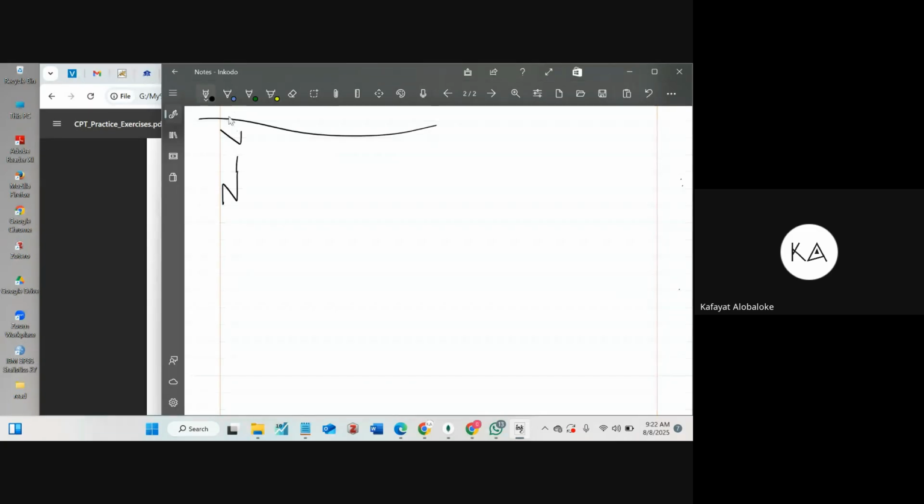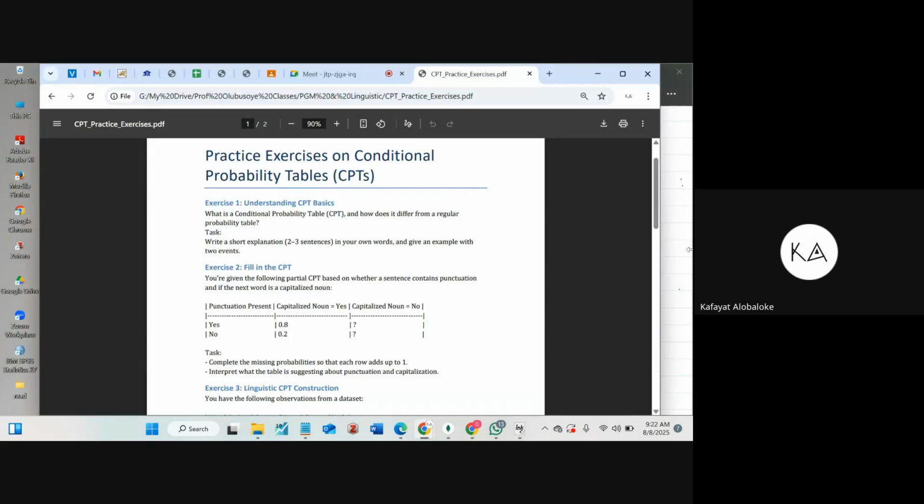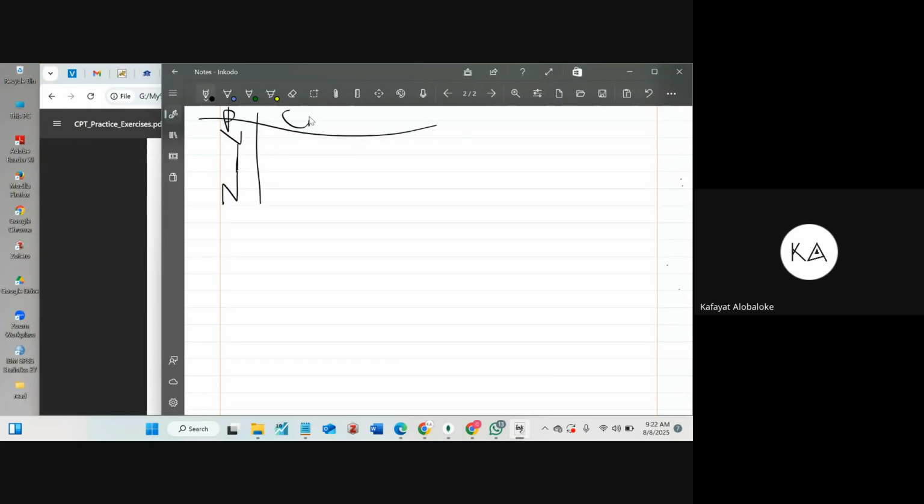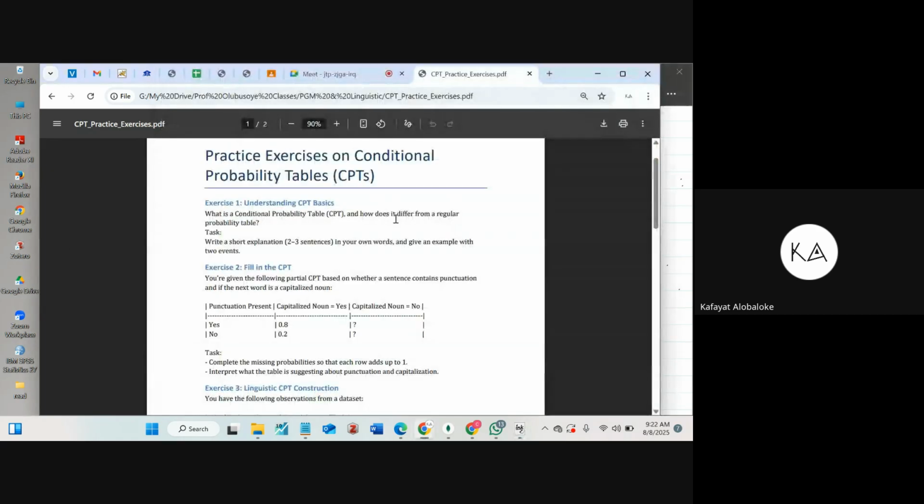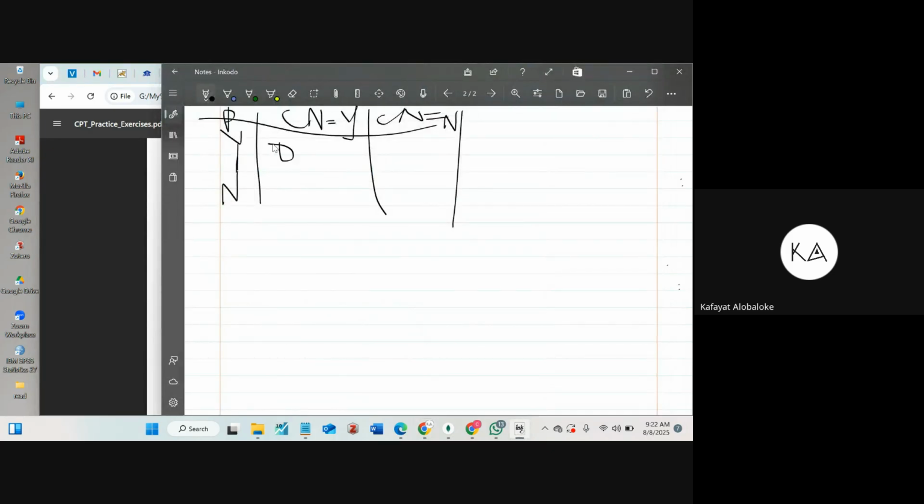Remember, this is for punctuation present or not. And here we have capitalized noun to be present and capitalized noun to be absent. The values here are 0.8, 0.2, 0.8, 0.2.